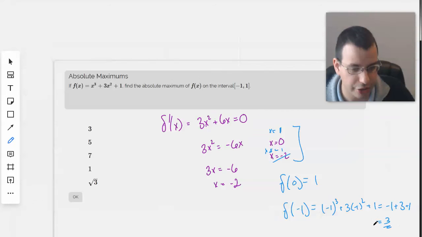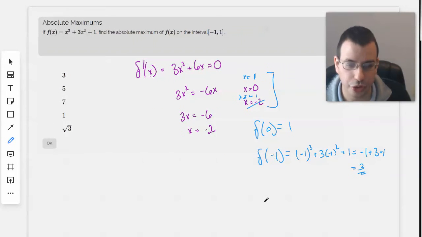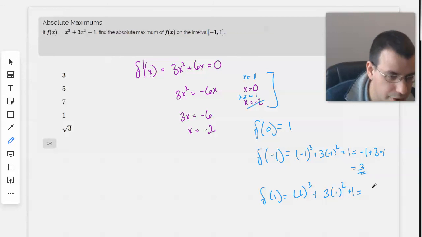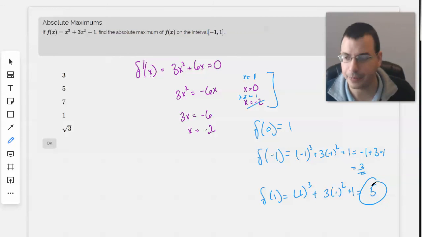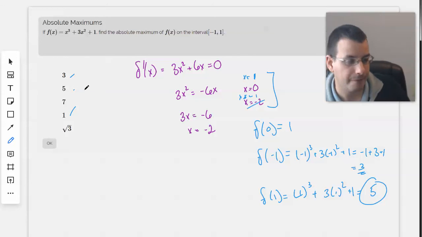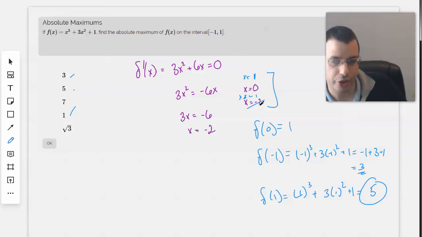It's a new contender. And then we'll do f of 1, which is 1 cubed plus 3 times 1 squared plus 1. I think this will be the winner at 5. Okay. So we have 1, 3, and 5. So we know it's not going to be -2 because that is outside of our possibilities.